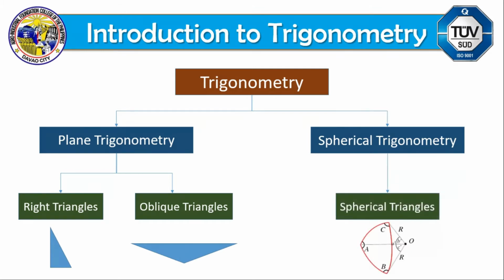Spherical trigonometry, on the other hand, involves spherical triangles. For the first lesson, we'll be focusing on right triangles first. So what are the formulas, and what are the things that we need to consider when solving right triangles?